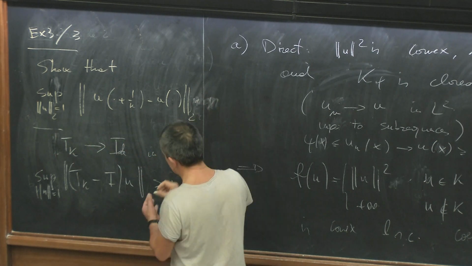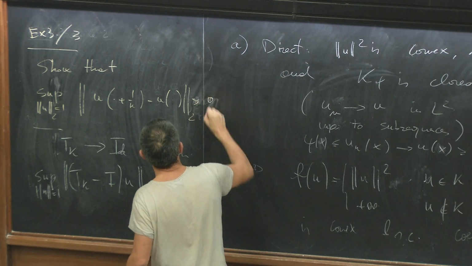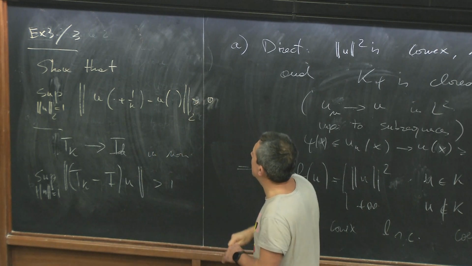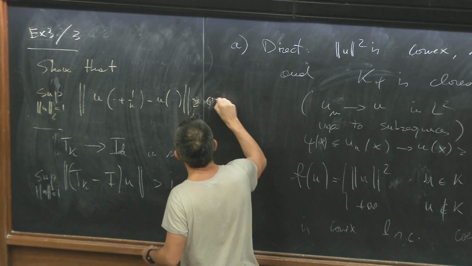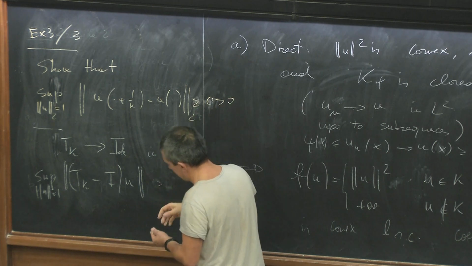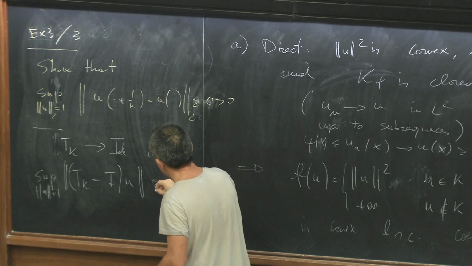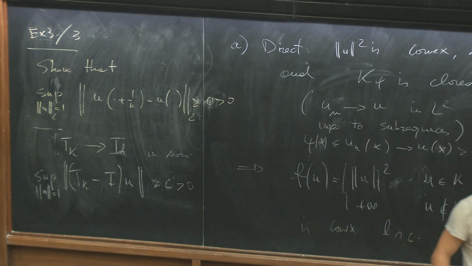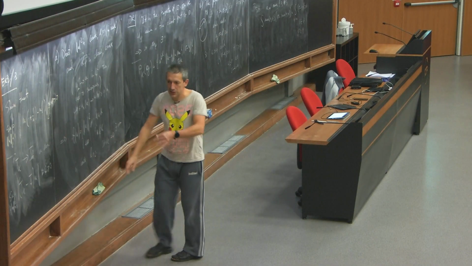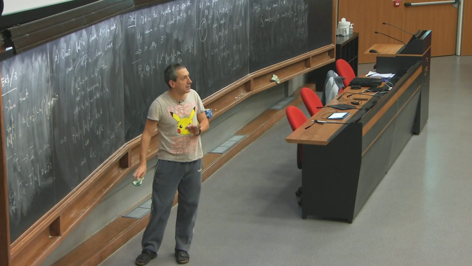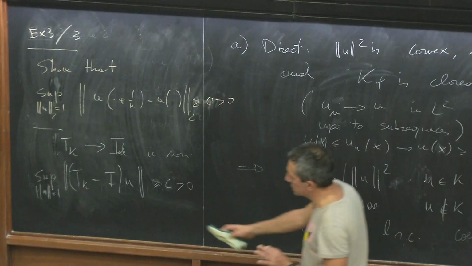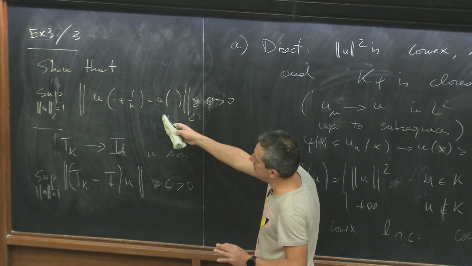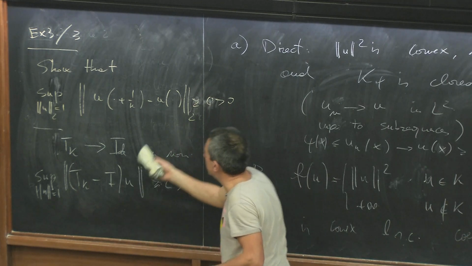So this is greater than 0, uniformly greater than some c greater than 0. I just put 1 because at the end you get some constant. So this is the correct quantity. The convergence in norm translates to this convergence because of the definition of T_k.